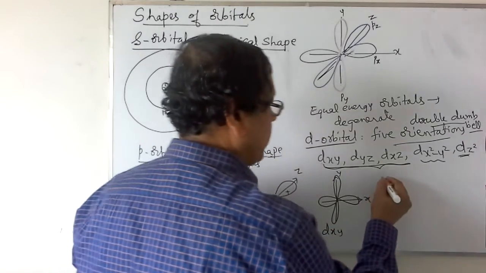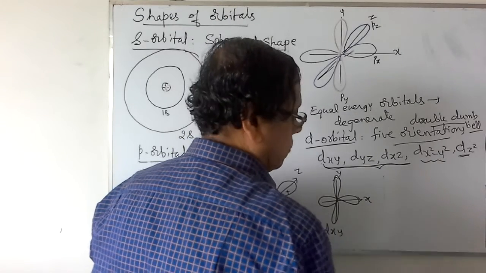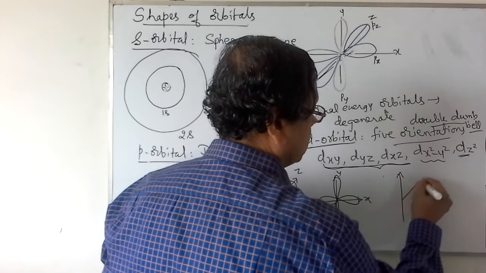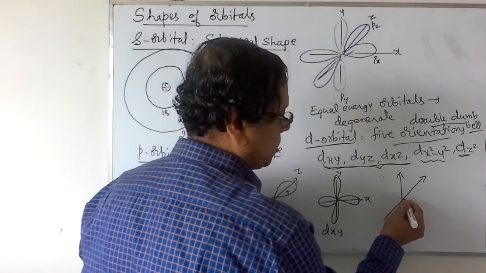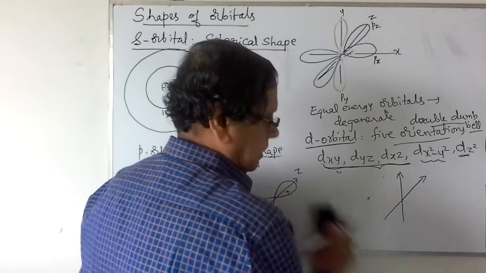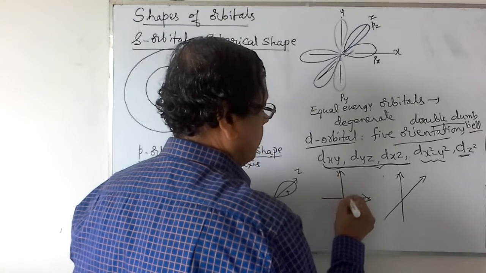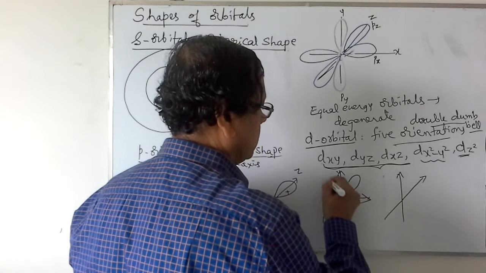Suppose you consider this y-axis and z-axis. Again, when we write the lobes in between, this dxy, the plane produced by the x-axis and y-axis.